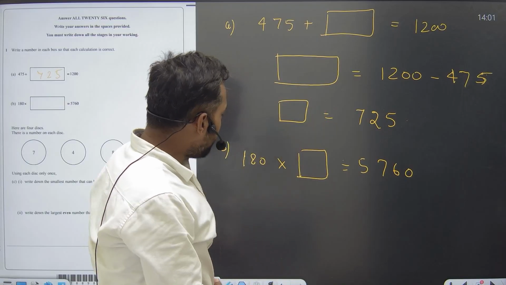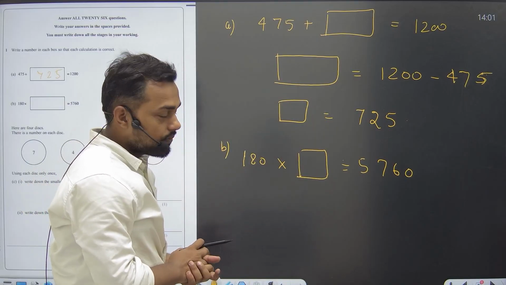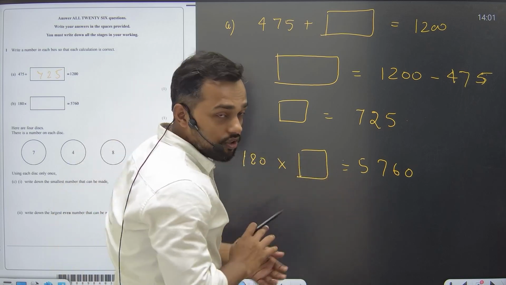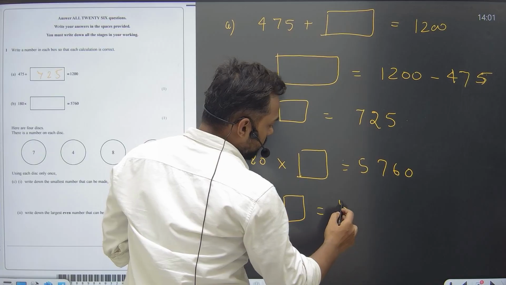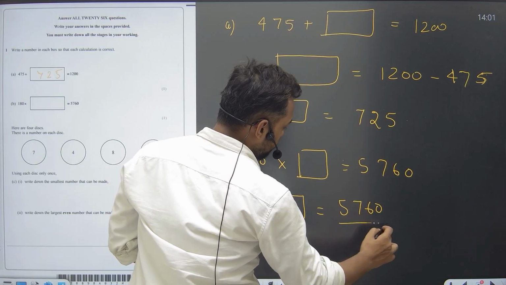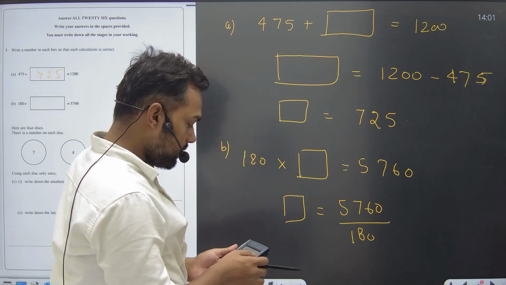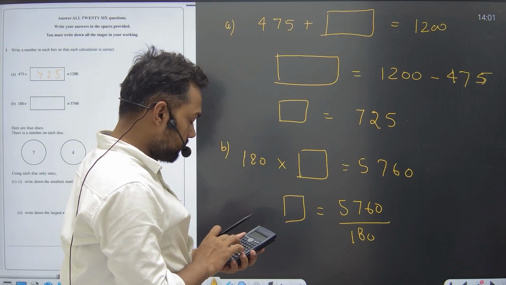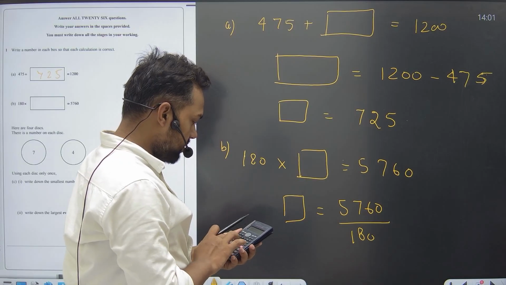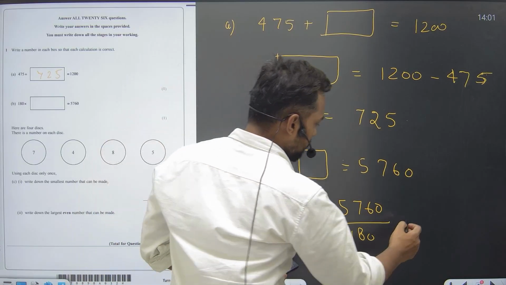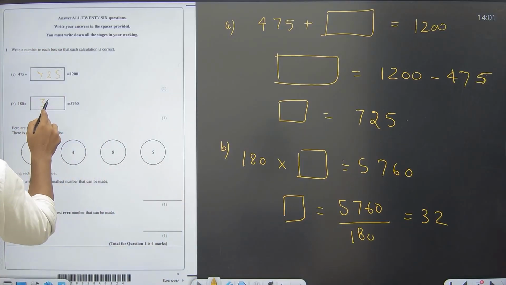In part B the operator sign is multiplication, so this part will go in the denominator. So bracket will be equals to 5760 upon 180. Again we can take the help of the calculator: 5760 divided by 180 equals 32. So the value of the bracket will be 32, and here we will plug in the value 32.